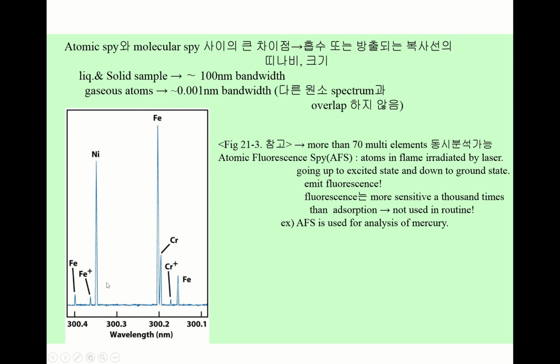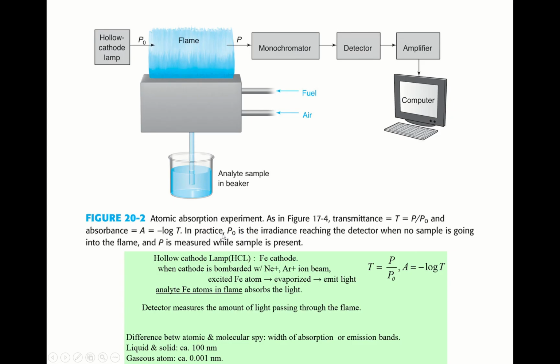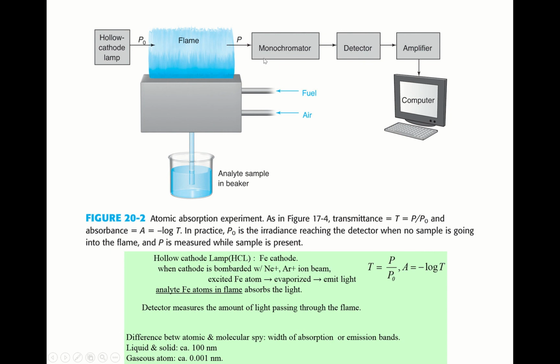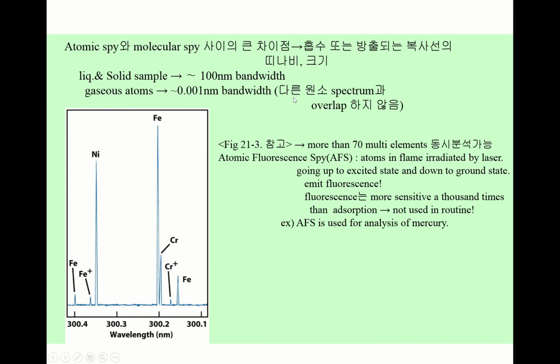That's why these closely spaced spectra could be resolved. But in order to resolve these spectral features, you have to have a monochromator with very high resolution. So more than 70 elements could be determined at the same time.